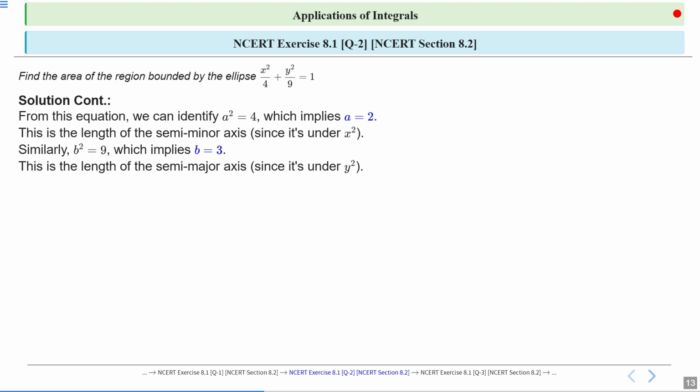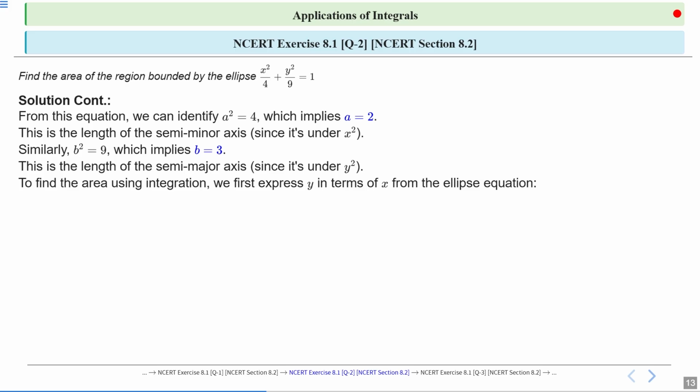So the length of the semi major axis is b equal to 3. Why is it the semi major axis? Because it is under y square, and the ellipse is of the form x square by a square plus y square by b square is equal to 1. In this ellipse the semi major axis lies on the y axis.